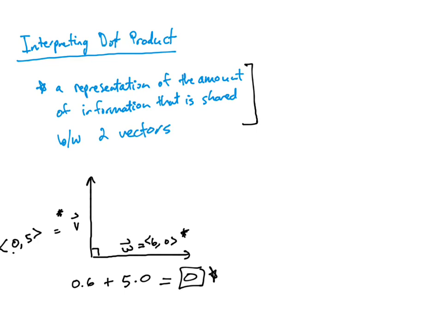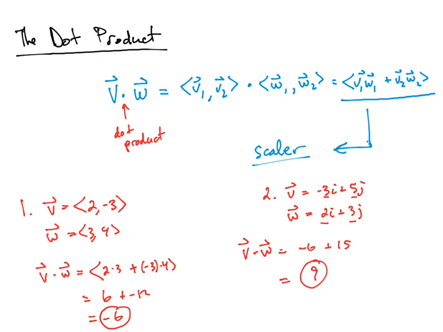If we go back to the previous two examples, I'm actually wanting to start with number 2 here. So because the dot product is 9, what that tells us is the angle between the vectors, so between v and w, is between 0 degrees and 90 degrees.